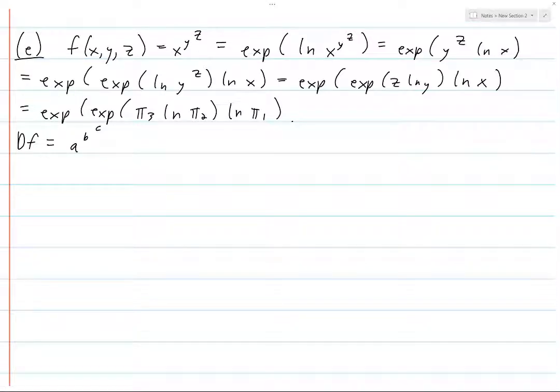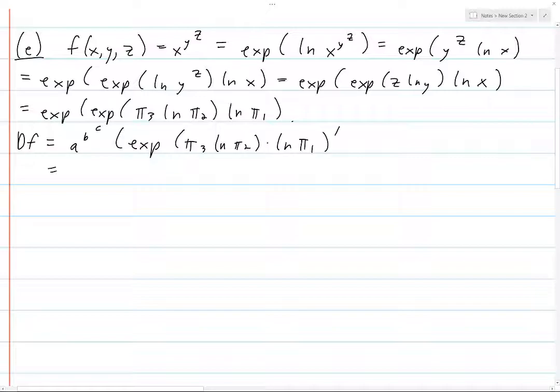And then we have to multiply this by the derivative of the inside stuff. The inside stuff is pi 3 natural log of pi 2 times natural log of pi 1, prime. That's an L and not an open parenthesis. So yeah, that's the first step.